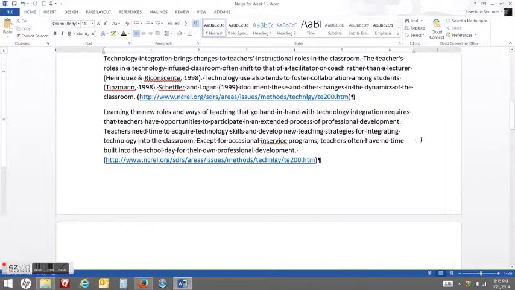Let me see. Learning new roles and ways to teach go hand in hand with technology and require that teachers have the opportunity to participate in an extended process of professional development. Teachers need time to acquire technology skills and develop new ones. This is one of those things for the first group, the teachers who have very little technology.